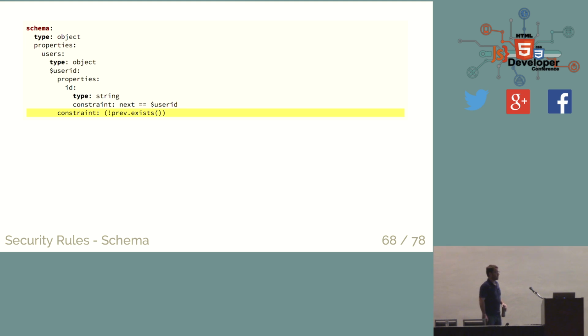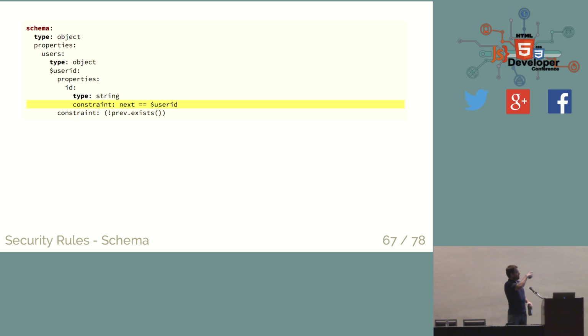So this says that the ID of this user object has to equal this same $userID as is in the parent path, and that we can only write to this once for each user.